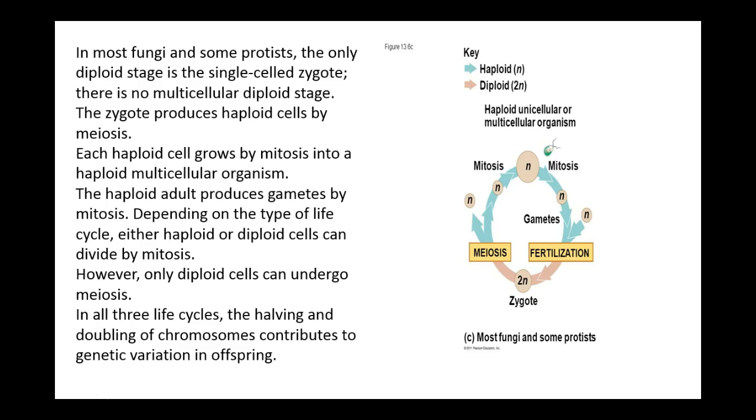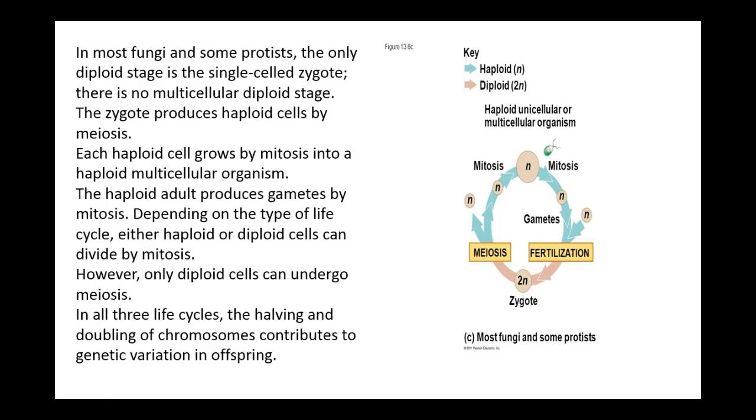So in this particular organism, the single cell is diploid, but the multicellular is haploid, and the haploid reproduces by mitosis. The haploid adult produces gametes by mitosis, and depending on the life cycle, either a haploid or diploid can divide by mitosis.